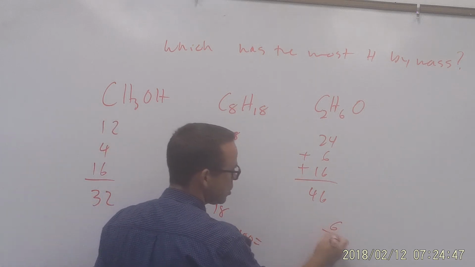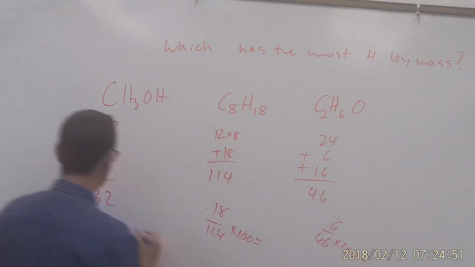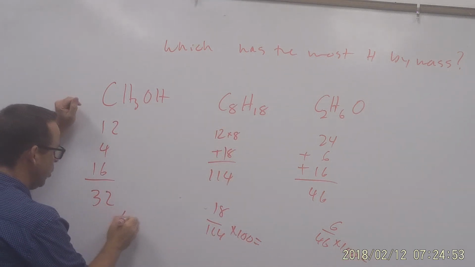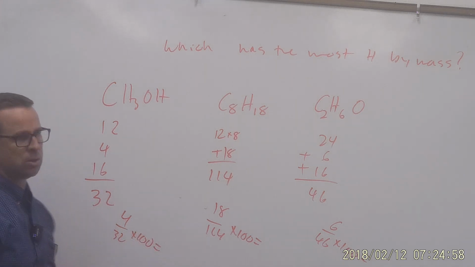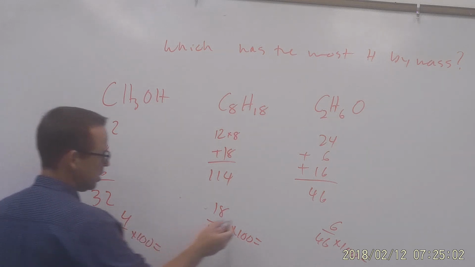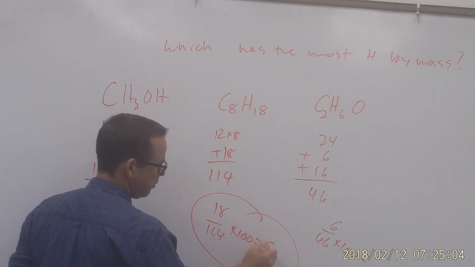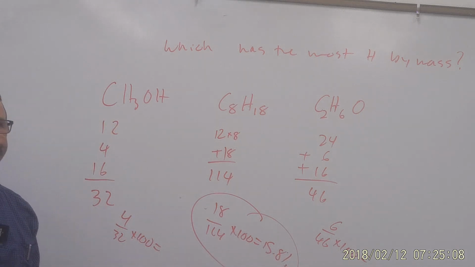This one here is 6 over 46 times 100. This one is 4 over 32 times 100. Which one is the answer? The middle one. What percentage is it? 15.8%.